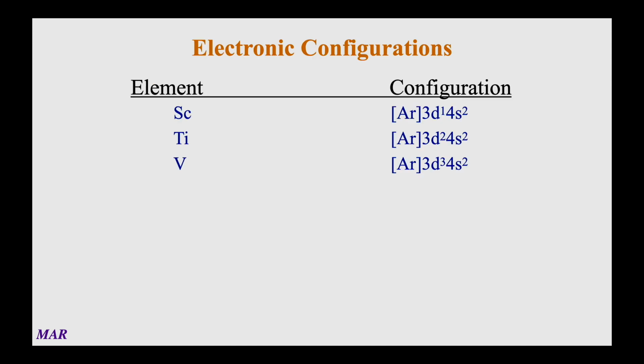Here are some electron configurations just to kind of remind us of what's going on. I'm using here the noble gas notation. So I'm using argon in brackets, and argon in brackets means 1s2, 2s2, 2p6, 3s2, 3p6. Now, after that, 4s2 are the next electrons to be added, and then 3d1. So if you list the configuration as argon, 4s2, 3d1, that's totally fine.